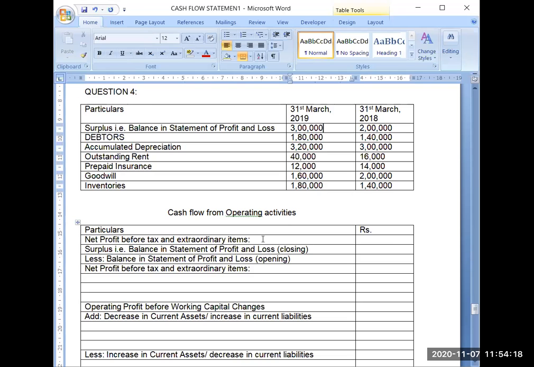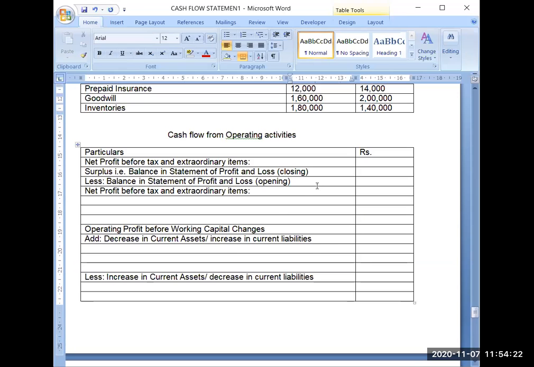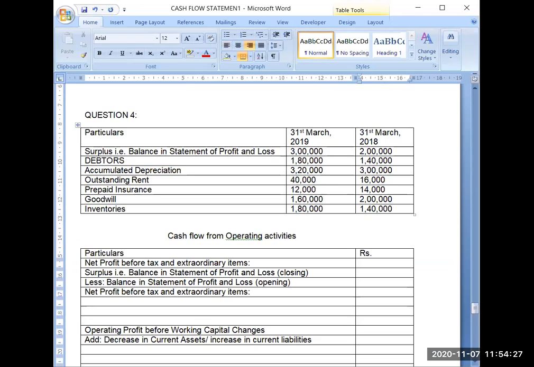The closing balance is given as 3 lakh and the opening balance is given as 2 lakh. So obviously my net profit before tax and extraordinary items will be 1 lakh: 3 lakh minus 2 lakh, 1 lakh.